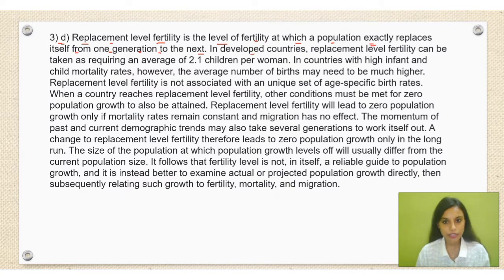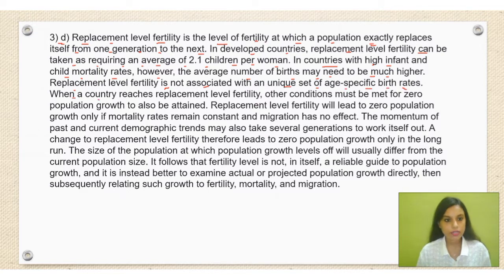In developed countries, replacement level fertility can be taken as requiring an average of 2.1 children per woman. In countries with high infant and child mortality rates, however, the average number of births may need to be much higher. Replacement level fertility is not at all associated with a unique set of age-specific birth rates.